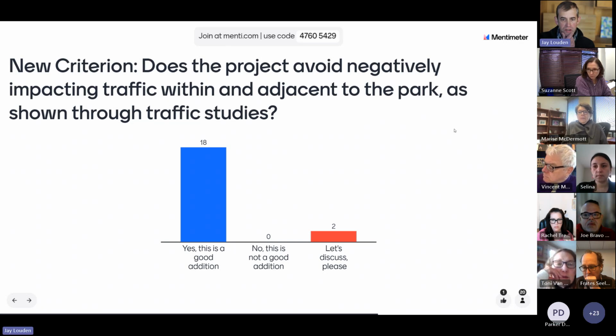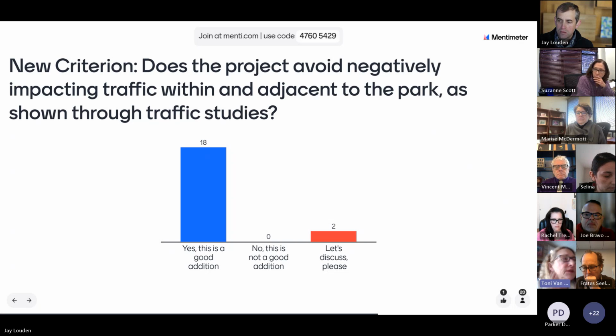Selena, Tony, do you think that's something we can address through rewording? Yes, you let us play with it. That was not the intent, Parker. The intent was, first and foremost, are we doing traffic studies? Have we done them? What does it look like?